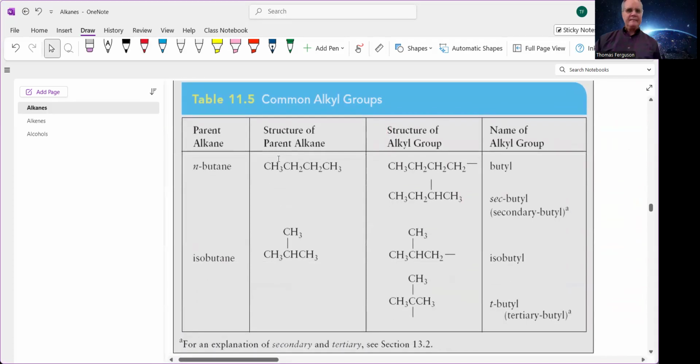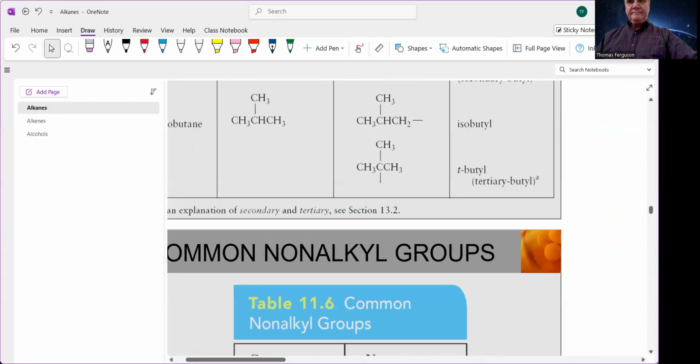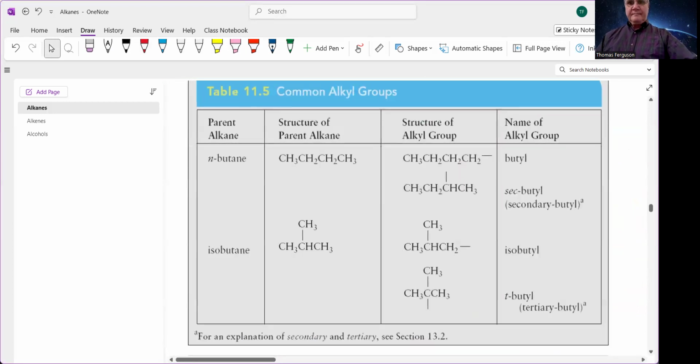Okay. 4 carbons long. Butane. Butane can be in 4 different versions. N-butane, isobutane, and then if it's a branch, it can be butyl, sec-butyl, and that depends again where it attaches, isobutyl, and t-butyl.